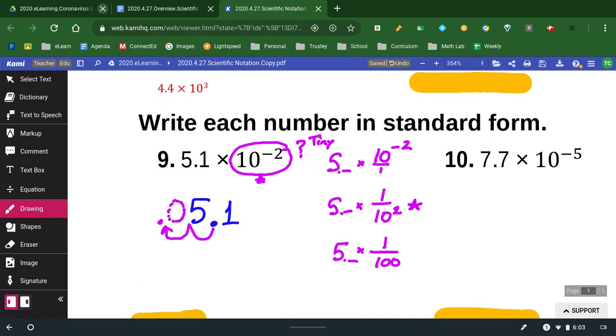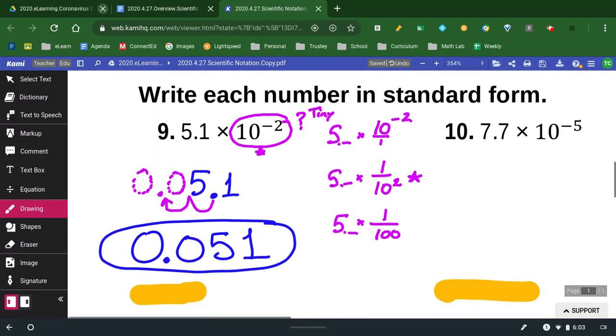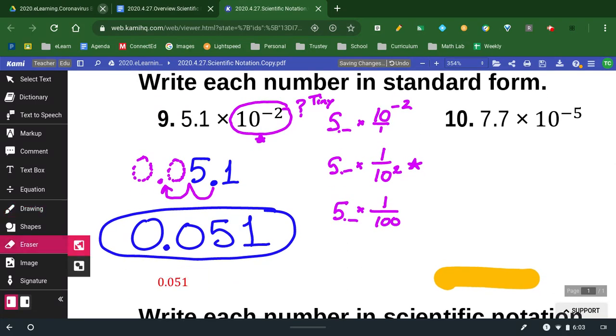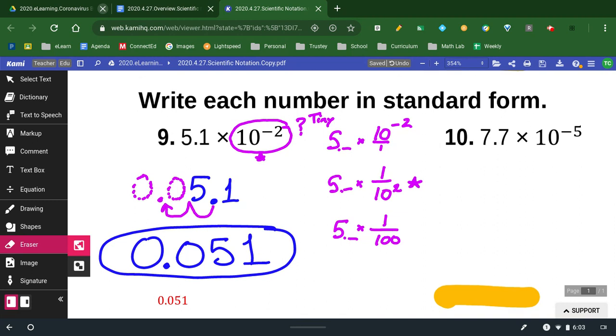I don't really think about to the left or to the right. I know Khan Academy and other people say go left, go right. I really want you understanding the number sense behind this. We really have a tiny portion of a dollar. Above we had huge amounts of dollar bills. Here we have a tiny portion. Erasing my answer, I want to check it, and it turns out to be true.